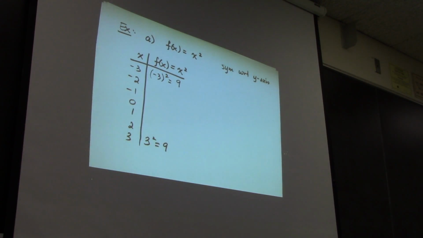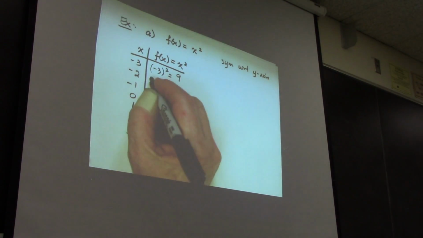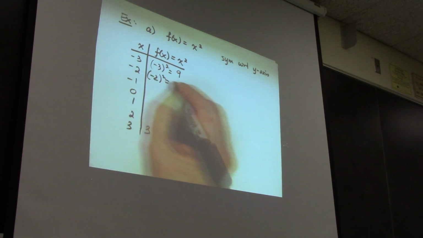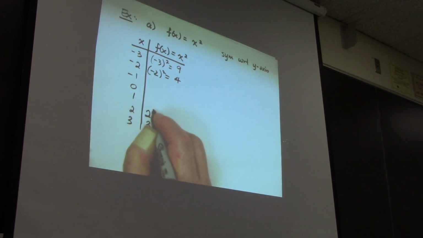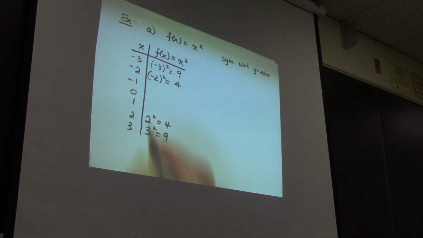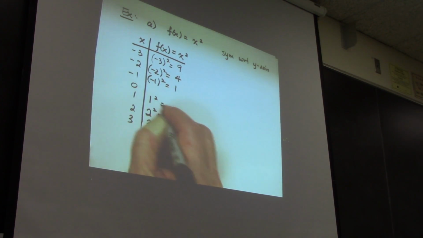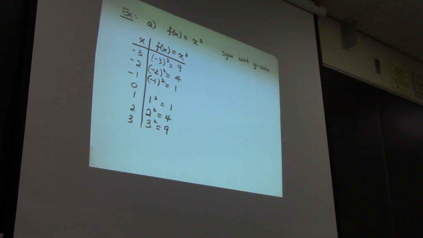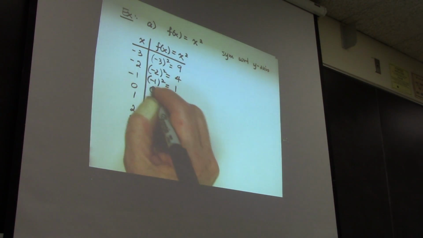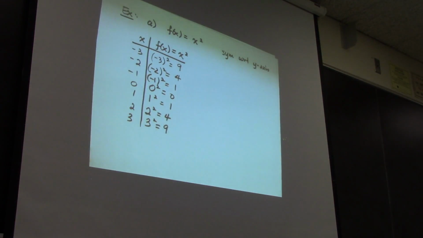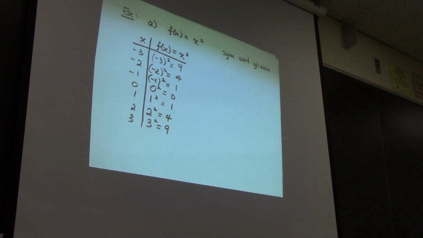That's illustrating the symmetry with respect to the y-axis. -2 squared is 4. 2 squared is 4. -1 squared is 1. 1 squared is 1. That shows you the symmetry with respect to the y-axis. 0 squared is 0.